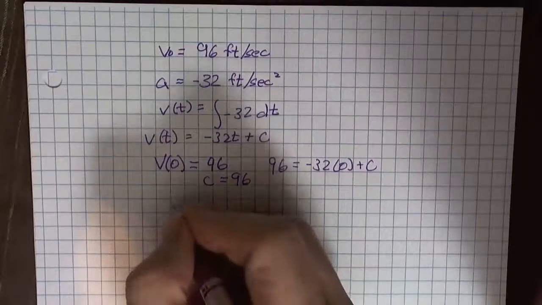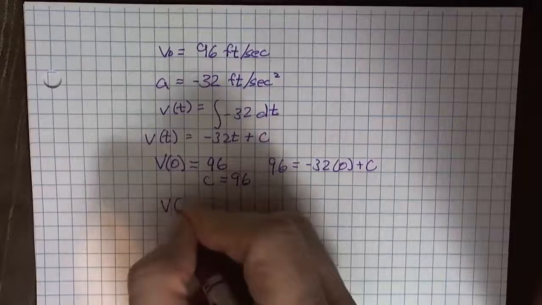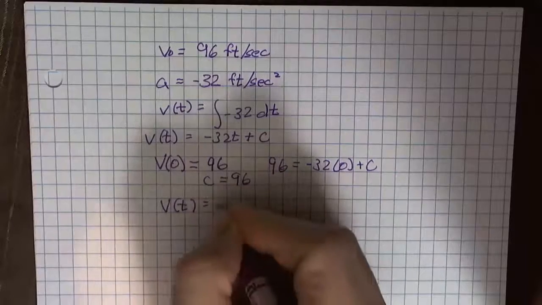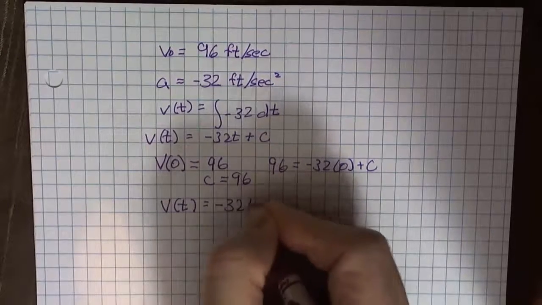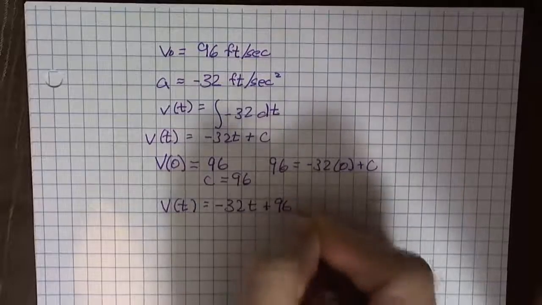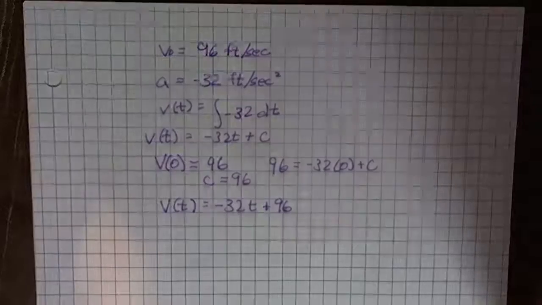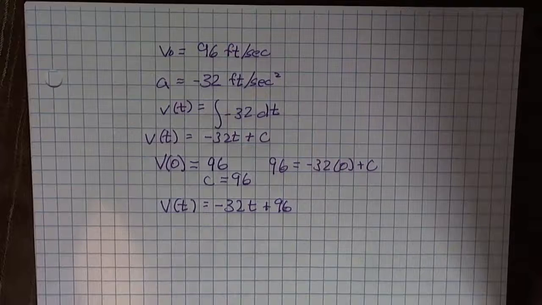So now here's what we've got. We've got our velocity, which is negative 32t plus 96. See, just putting the 96 in place of the constant. Now, this thing slows down as it gets further from the ground. And remember, we said that it reaches its maximum height after 3 seconds.